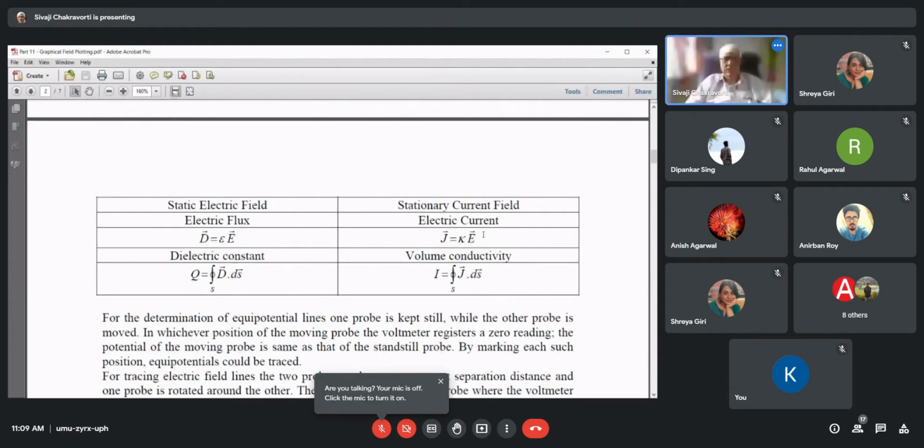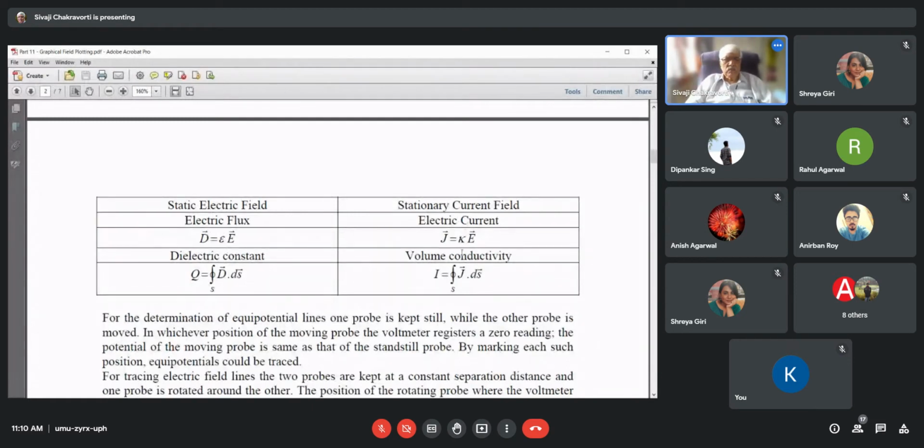In the static electric field, on the left hand side we have flux density, and the analogous quantity is electric current density. And the material properties which are analogous in these two cases are obvious from this equation of the previous row, that is dielectric constant, which means the permittivity, and volume conductivity.